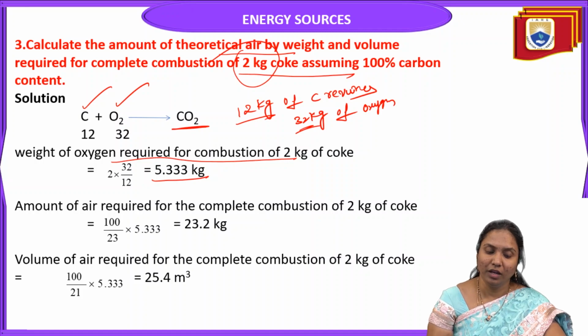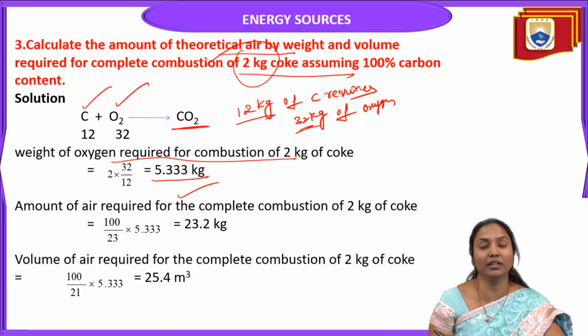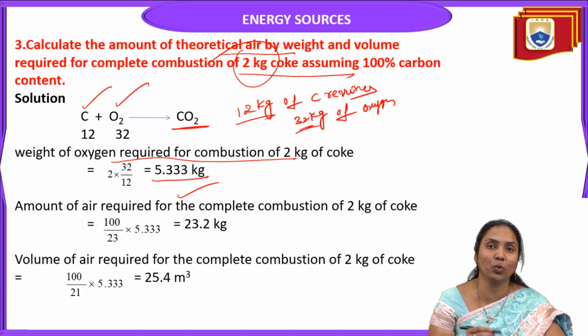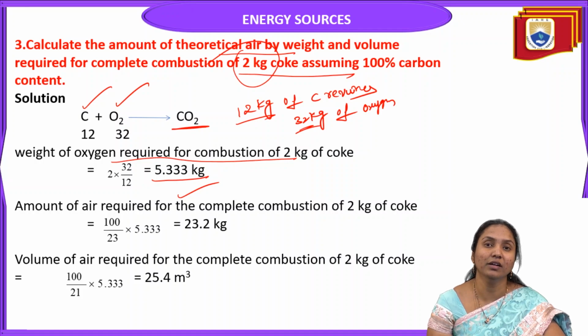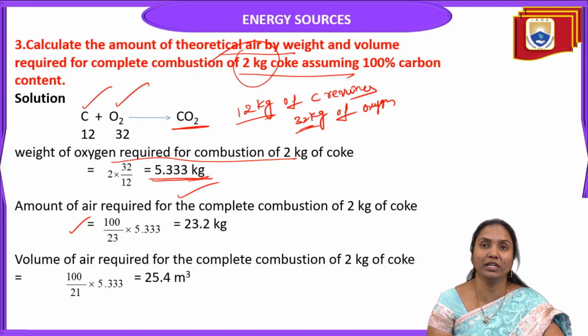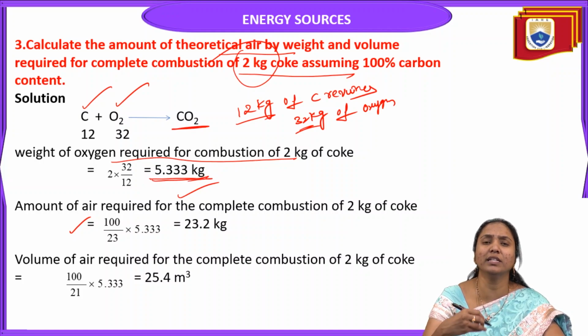Now the amount of air required for the complete combustion of 2 kg of coke by weight. We use the formula 100 by 23 into the oxygen required for 2 kg of coke.